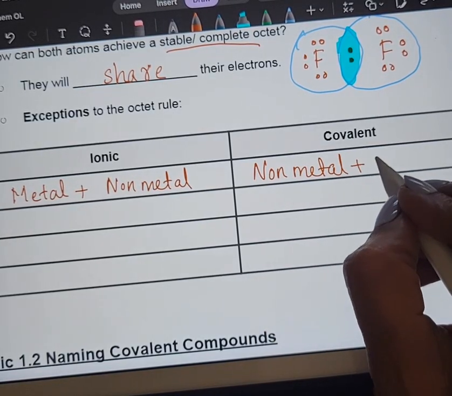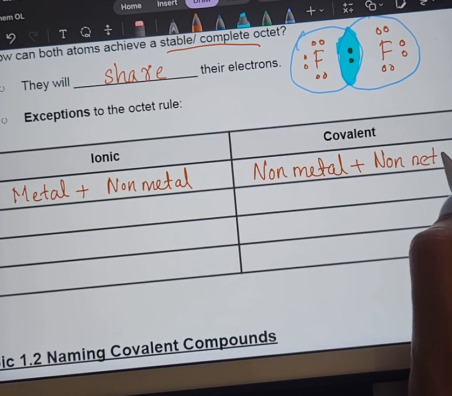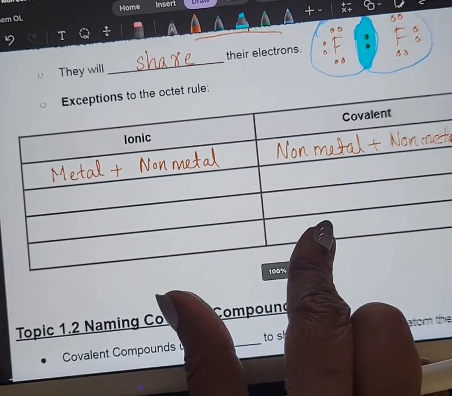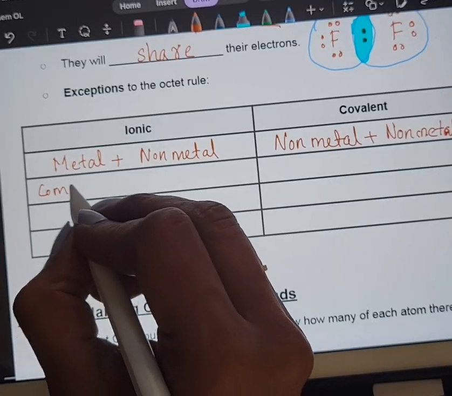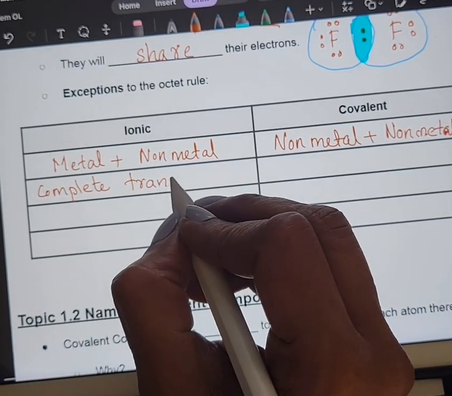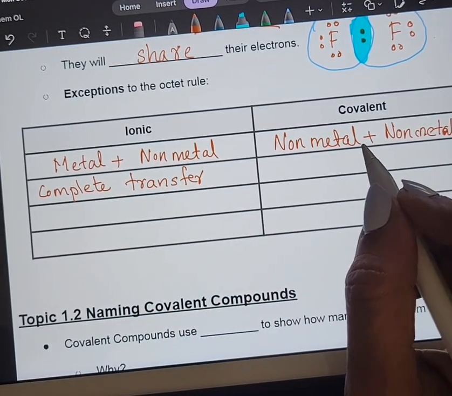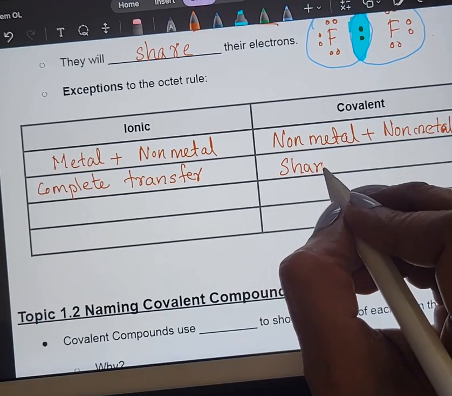Non-metals. In ionic, there is transfer of electrons from one atom to another, a complete transfer. And in covalent, it is sharing electrons.